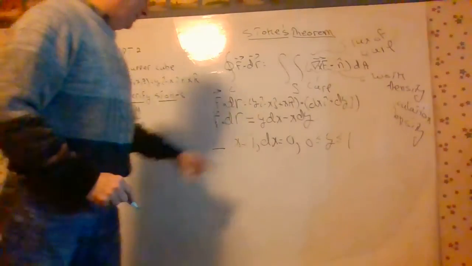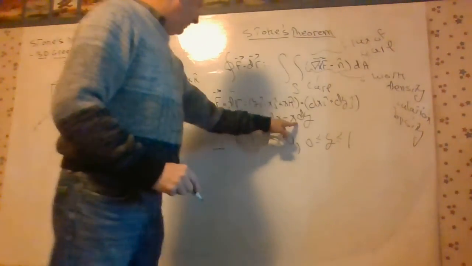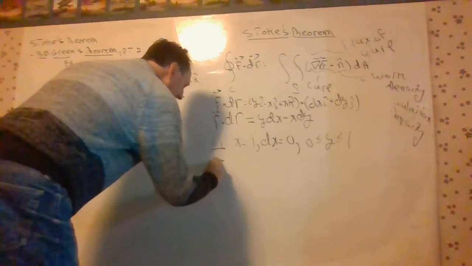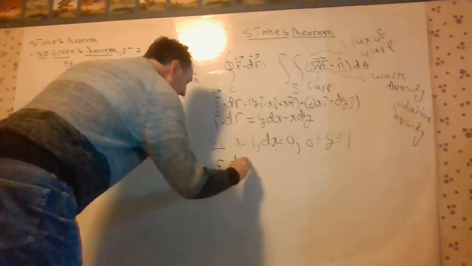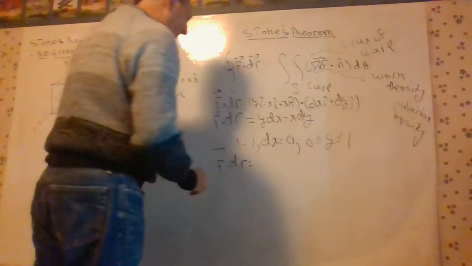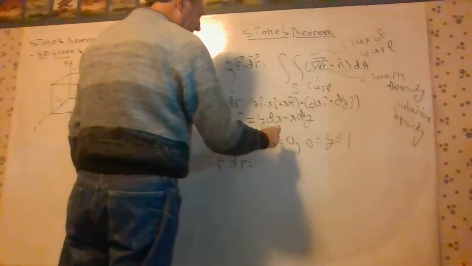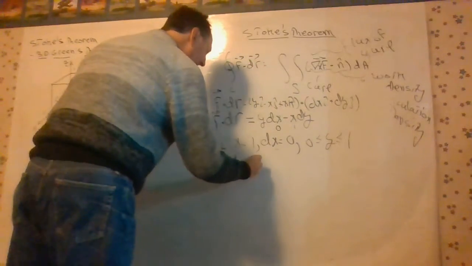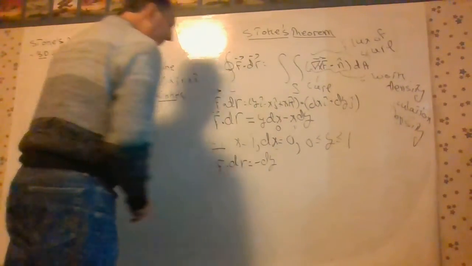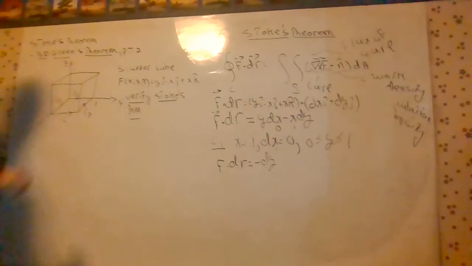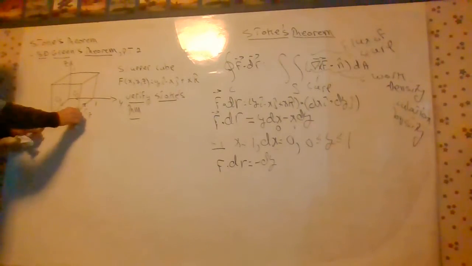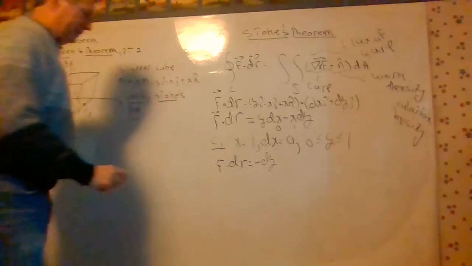Okay, so we can plug 0 in here, plug 1 in here, and you get f dot dr is equal to negative dy. Now we want to integrate. Y is going to go from 0 to 1, in a forward fashion.